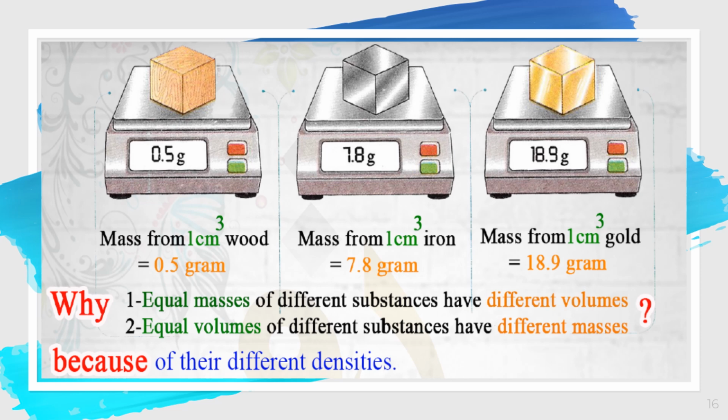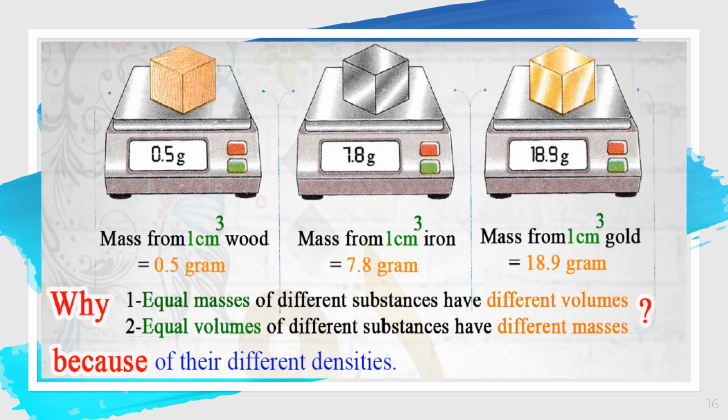If I have cubes of wood, iron, and gold with the same volume, 1 cubic centimeter each, they have the same volume but different masses.